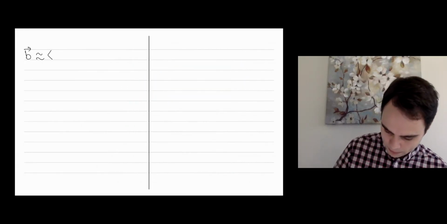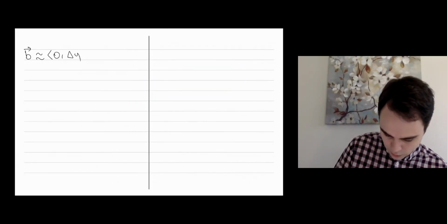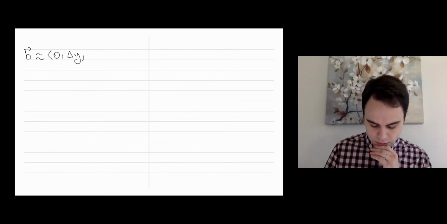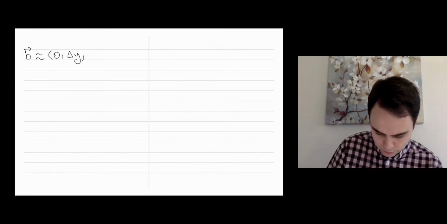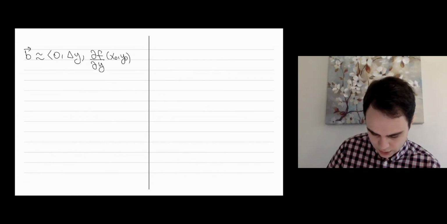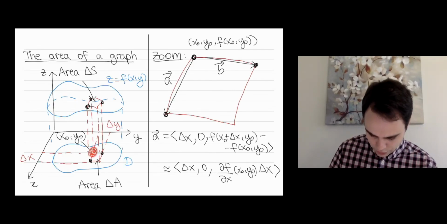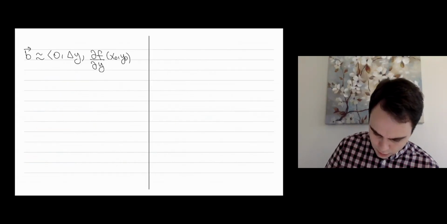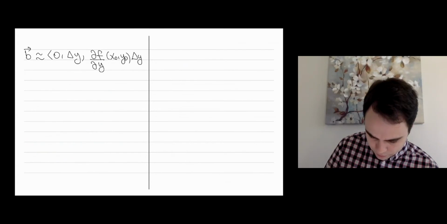So B is 0, delta y, and then the difference in the z-coordinates, for very similar reasons, is approximately the y partial at this point over here, the top left corner of the rectangle, the y partial times delta y, right?